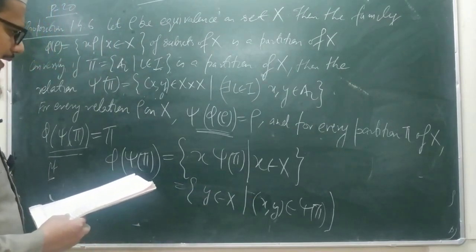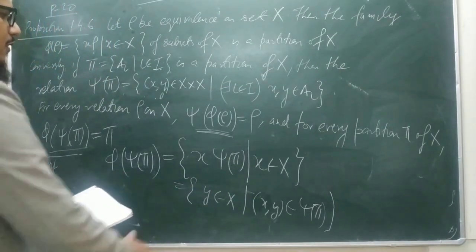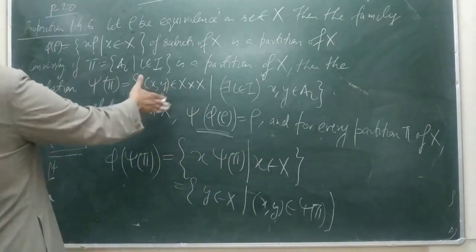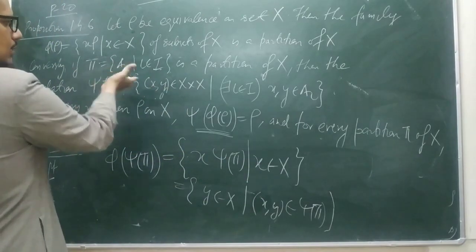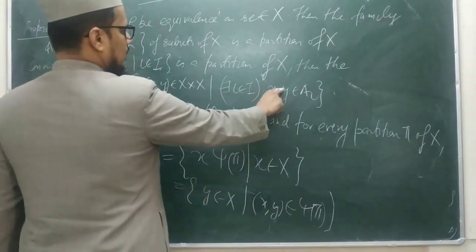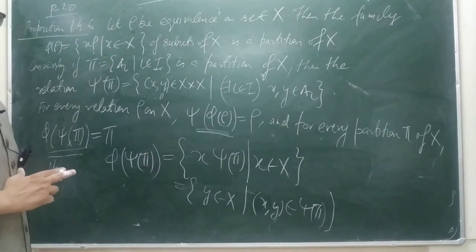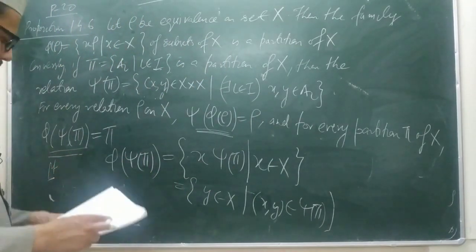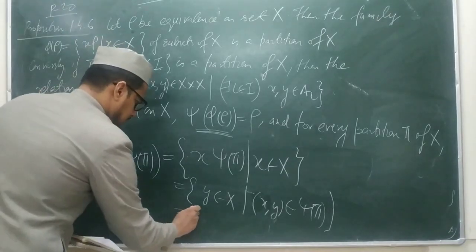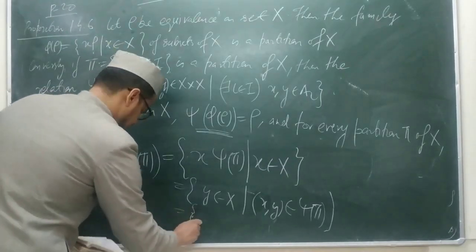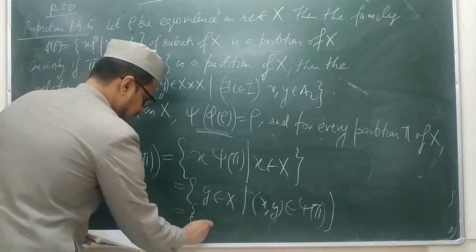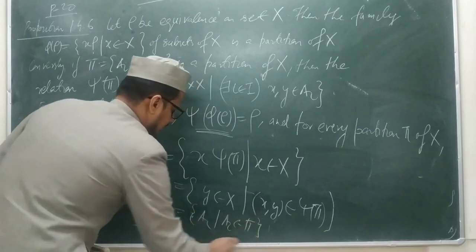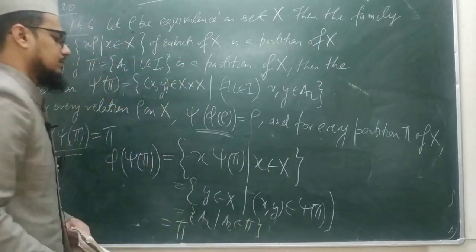So now try to understand what it is. When (x, y) is going in psi of pi, then y is going in Ai. So in this way it will cover like this. For example, Ai belongs to pi.